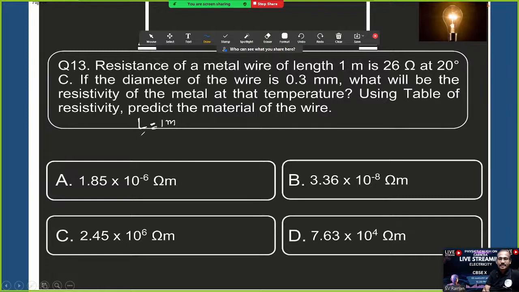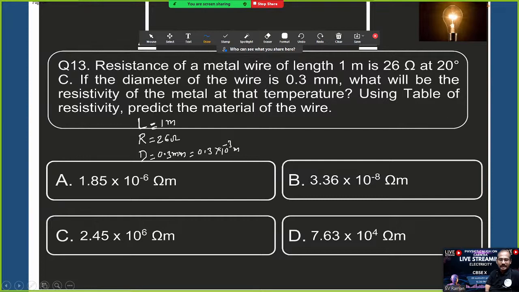Resistance? 26 ohms. Now the diameter of the wire is 0.3 mm. So 0.3 mm is how many meters? Because the length is given in meters, the diameter also must be converted into meters. How much does it come to? 0.3 into 10 to the power of minus 3 meters.